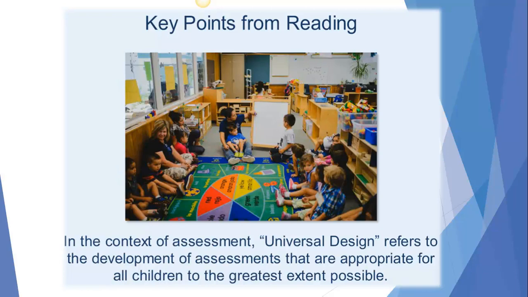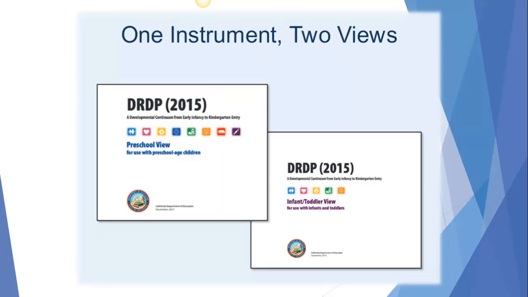So culturally diverse, language diversity, ability diversity, so special needs. So again, it's a universal design. One of the things that when you evaluated the checklist, what did you have to look at? If the checklist was culturally biased, right? The DRDP, they worked really hard to make sure we have this concept of universal design. All right.